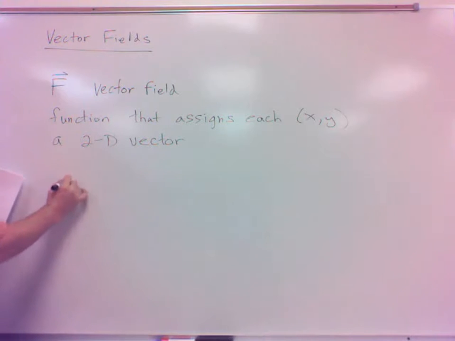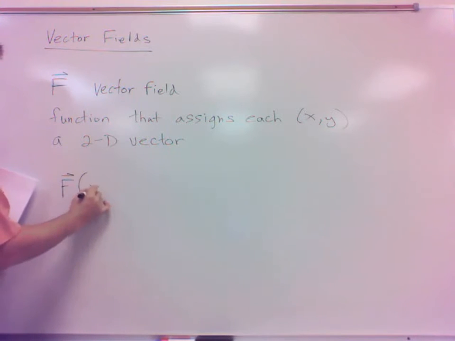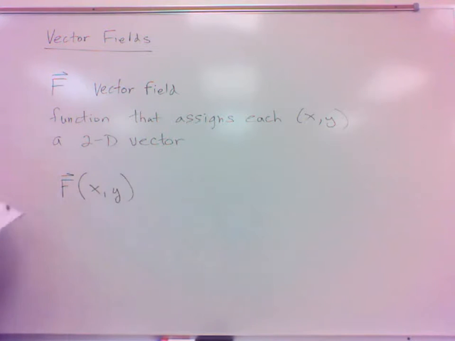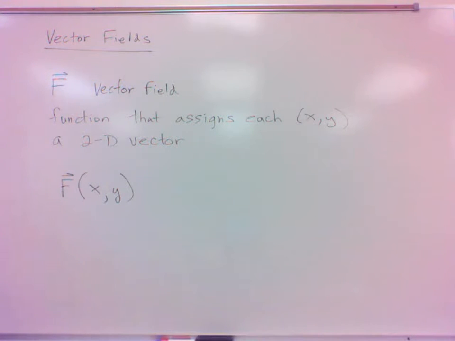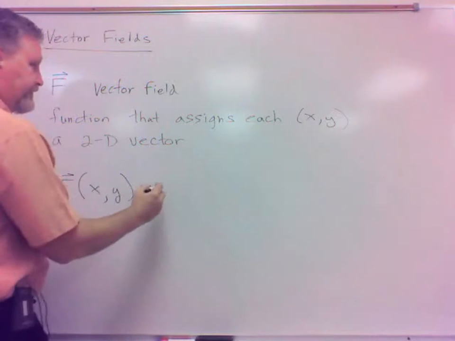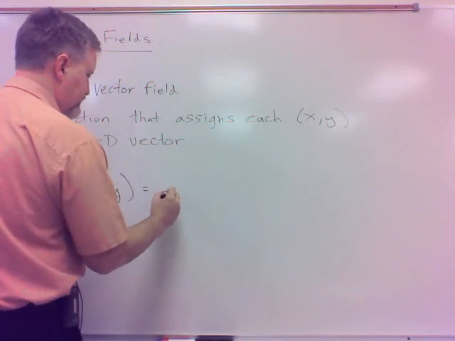There's some notation. So we've got a function, and into the function we plug in, in 2 dimensions, an x comma y, and that assigns each one of those a vector.